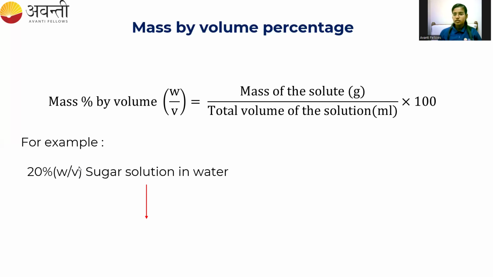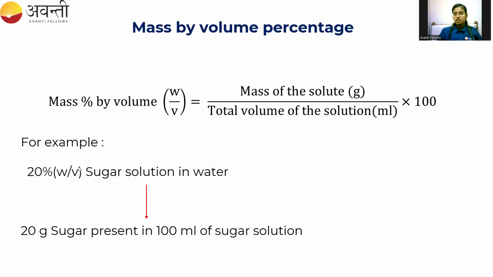Very good. 20 gram of the sugar is present in 100 ml of the sugar solution. The remaining 80 will be of water, and we can use the density formula to convert the milliliter to gram for water. Yeah, very good. All of you are doing great.